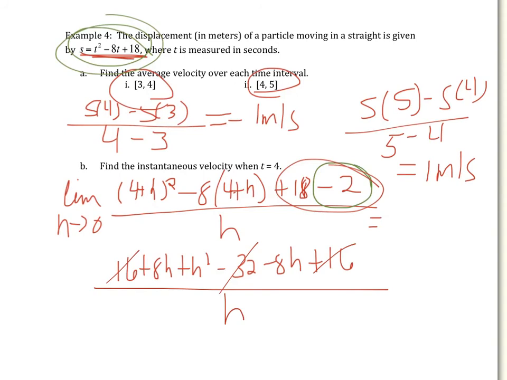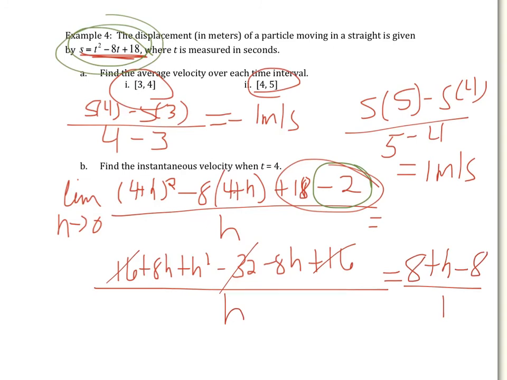Everything else left has an h, so I can go ahead and reduce all of that to 8 plus h minus 8 over 1 because I've reduced.